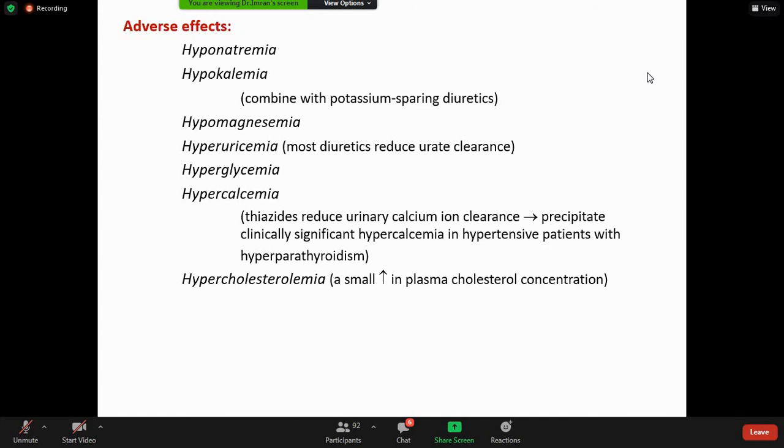In that situation, we select a drug from the thiazide group, because in osteoporosis there is a deficiency of calcium. This group would be helpful specifically in this patient, not only controlling the blood pressure but also raising the level of calcium. Hypercholesterolemia: a small increase in plasma cholesterol concentration.